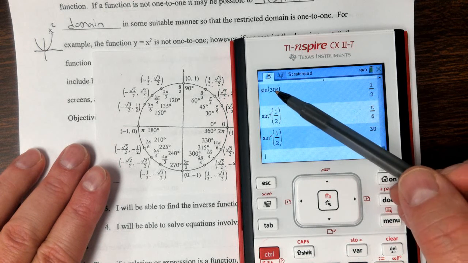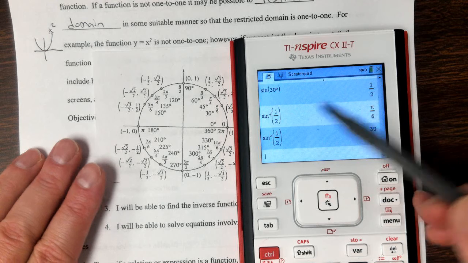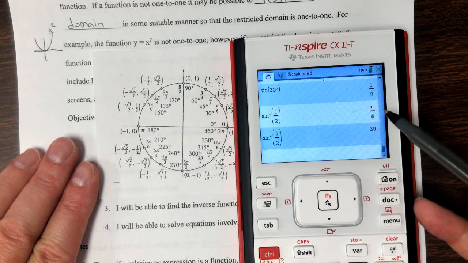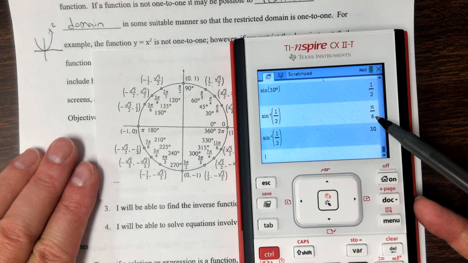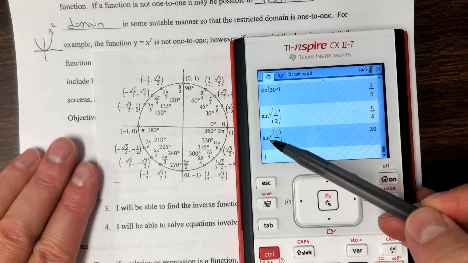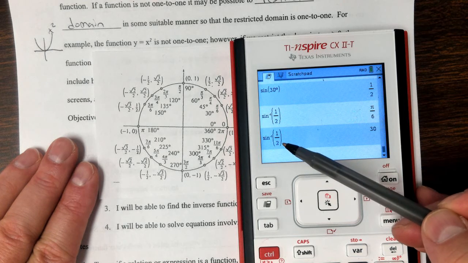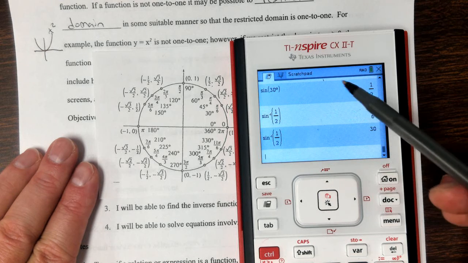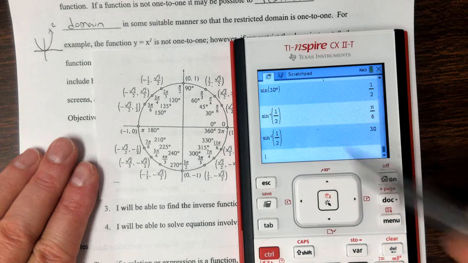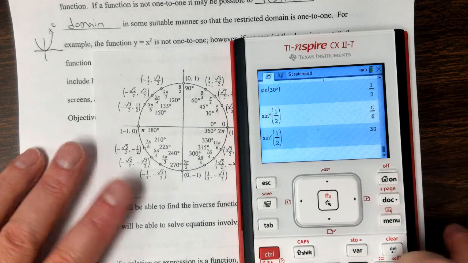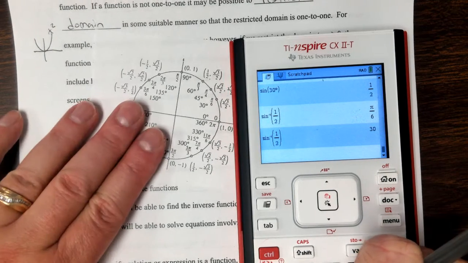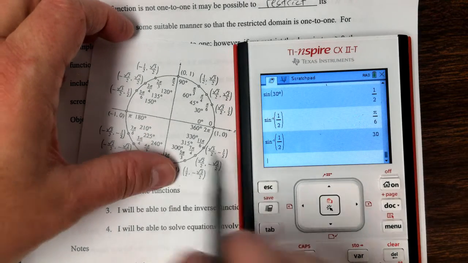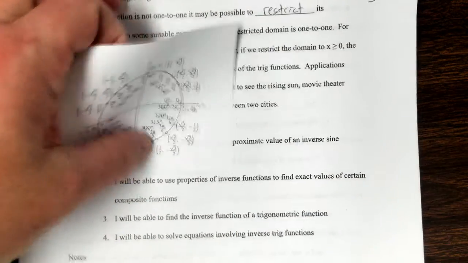When I did sine of 30 degrees, I got 1/2. If you do inverse sine of 1/2, and if you were in radian mode, you got pi/6. And then if you do the inverse sine of 1/2 when you're in degree mode, you get 30. So just on your regular scratch pad, you can get the individual values. Remember, sine relates to y, cosine relates to x.